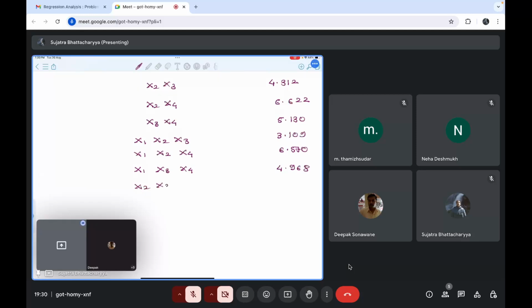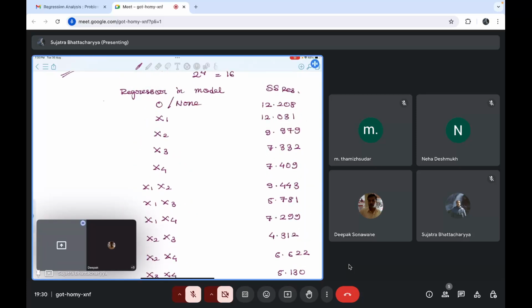X2, x3, x4, this is another possibility, which is 3.614. And finally, x1, x2, x3, x4, all four, which is 3.084. Okay. So these are the values.